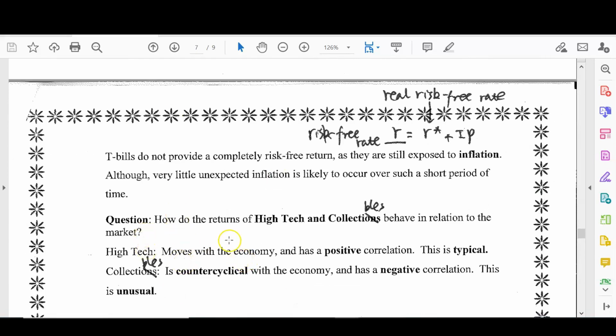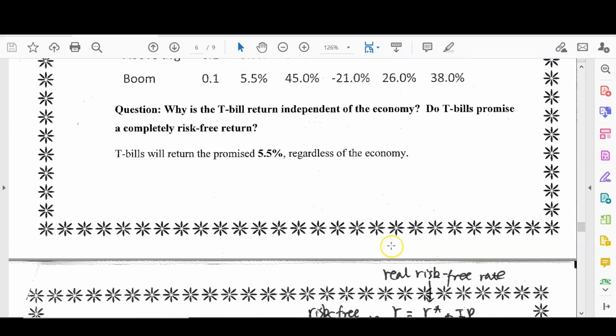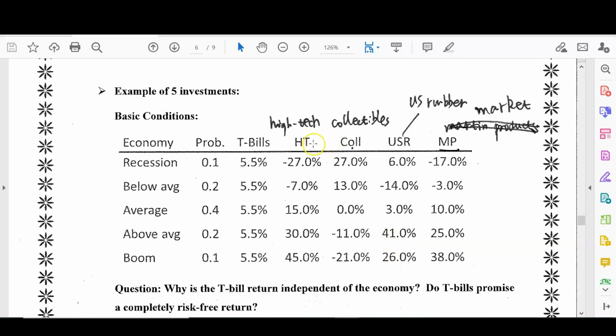Another question: how do the returns of high-tech and collectibles behave in relation to the market? High-tech moves with the economy and has a positive correlation. Collectible firms are counter-cyclical with the economy and have a negative correlation. This is unusual. Most industries are like high-tech industries. When the market index is not doing well, when the economy is bad, its return is low.